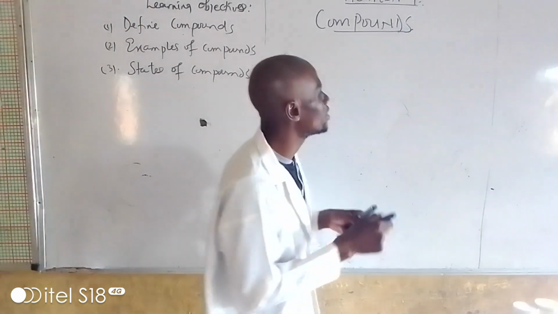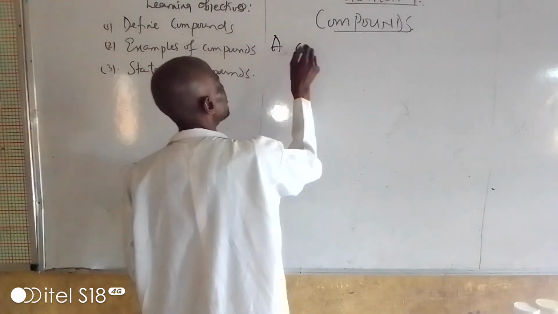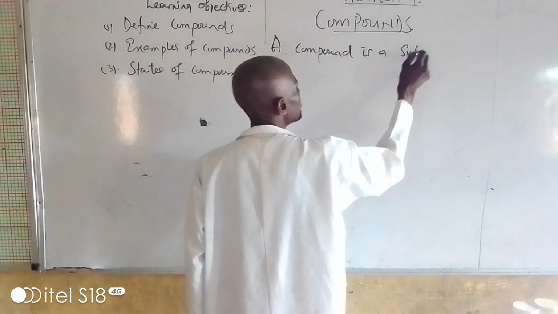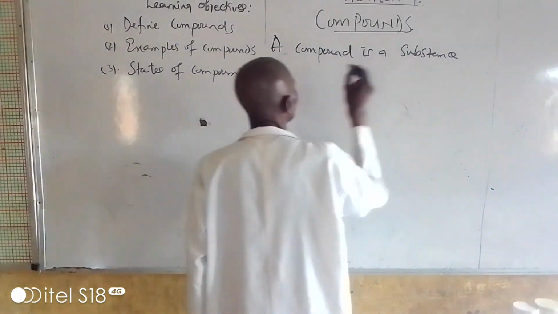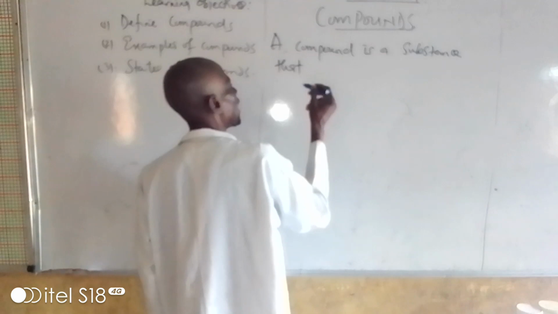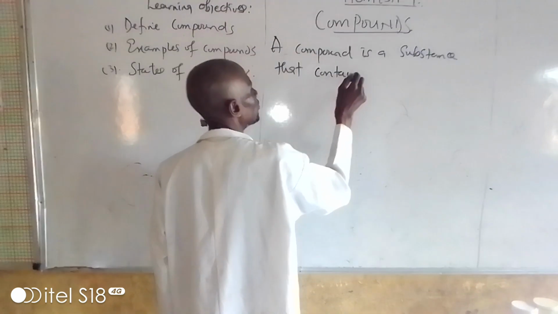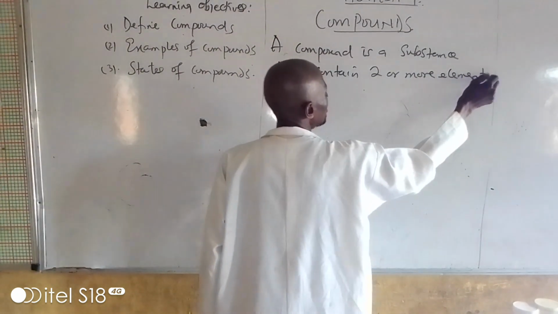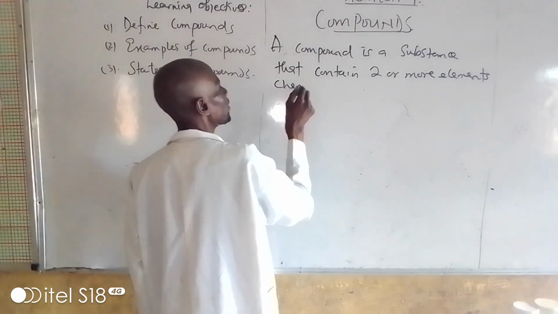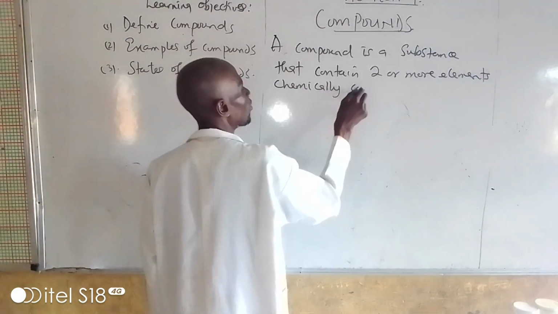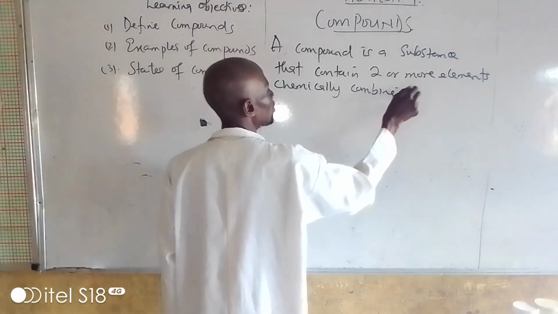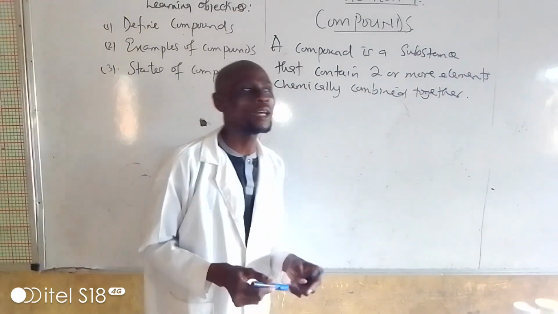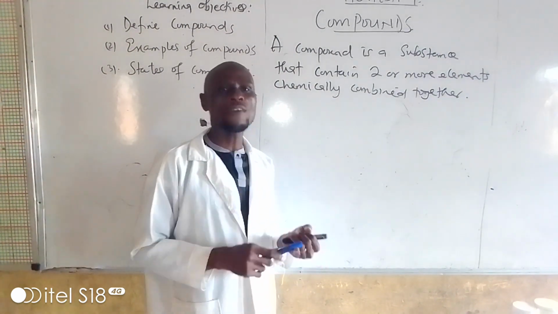So when we are talking about compound, we have to talk about at least two elements, three elements, or four elements that make up a compound. The elements are present inside the compound and they are chemically combined together. So let's put it down. What is a compound? A compound is a substance which contains two or more elements chemically combined together. So when you're talking about compound, you must have at least two elements there.